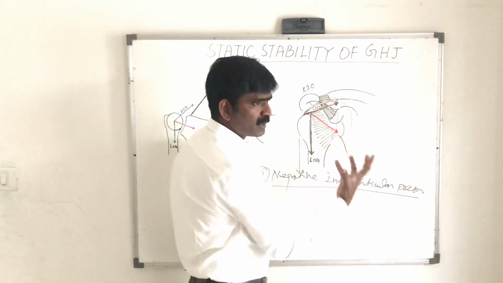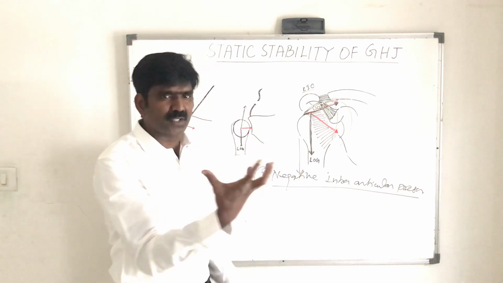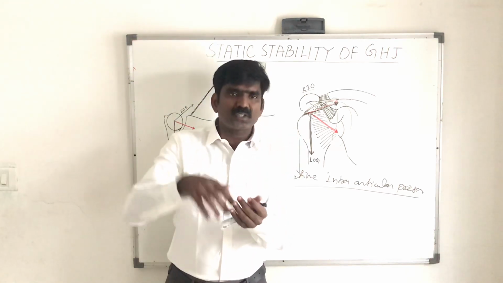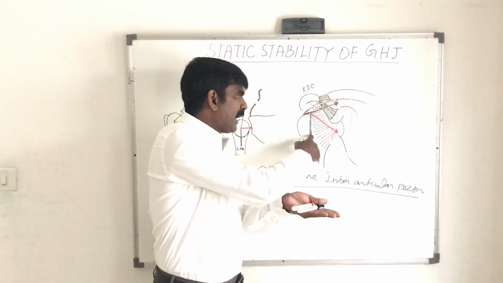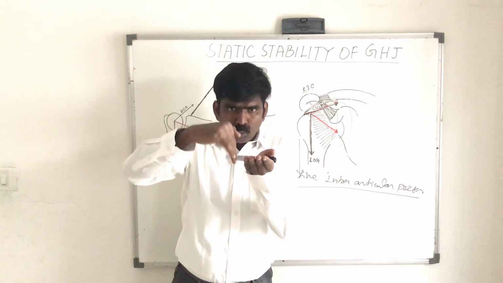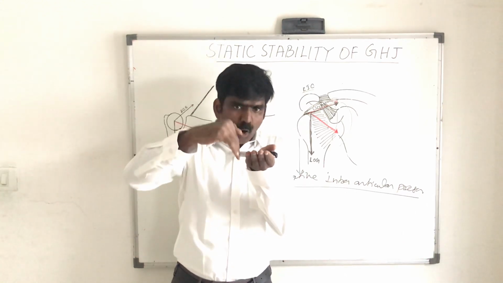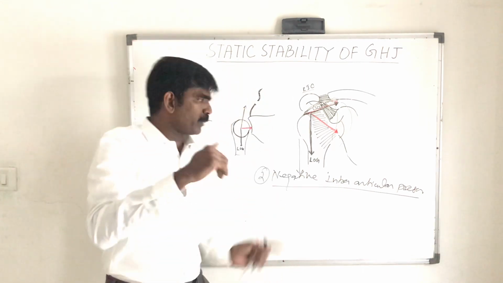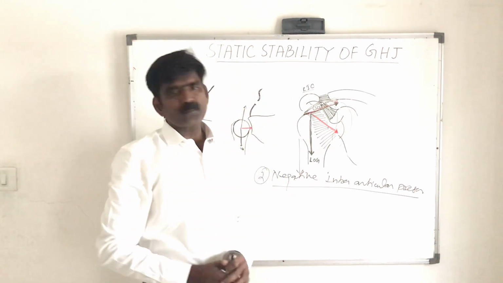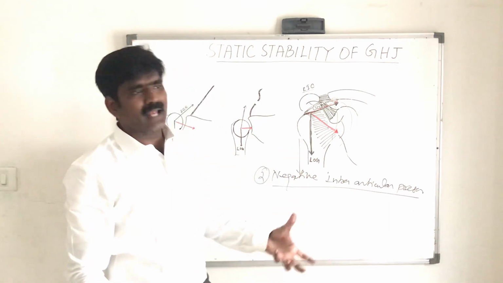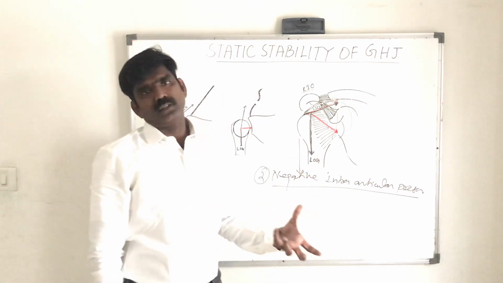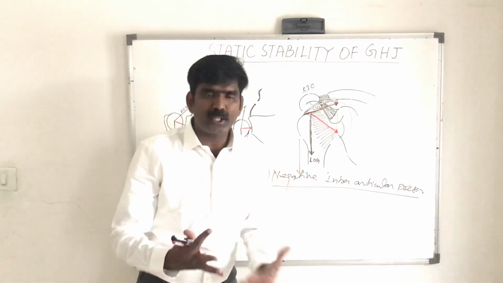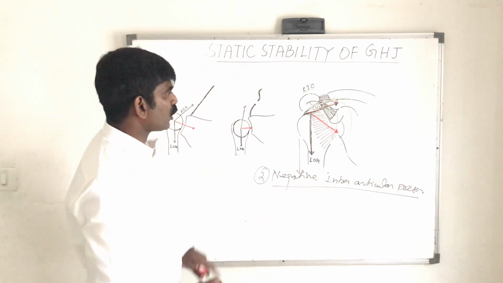Because of that vacuum pressure, when the head of the humerus tries to slide down, the vacuum pressure will resist the downward movement. So this is another factor which is maintaining the stability of the glenohumeral joint.